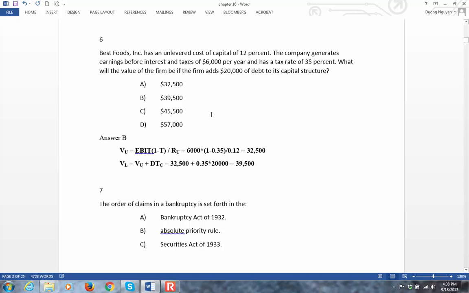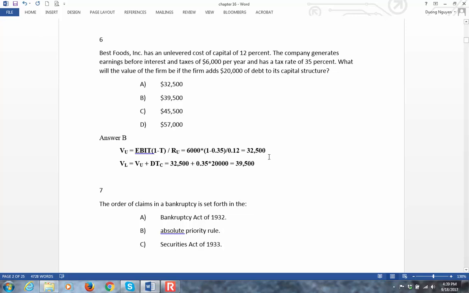The value unlevered would be EBIT times 1 minus T, which gives the cash flow after tax, over the unlevered cost of capital of 12%. So the unlevered value of the firm is 6,000 times 1 minus 0.35 over 0.12, which is 32,500.